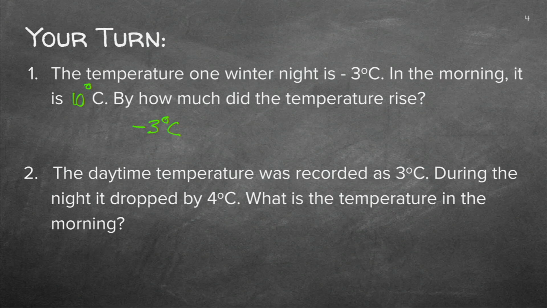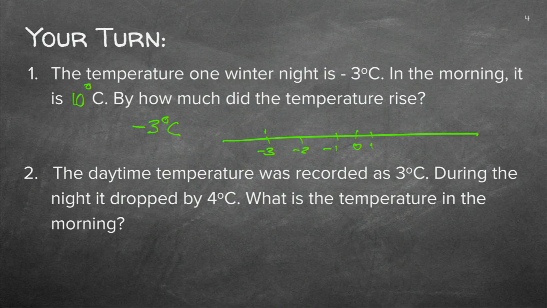By how much did the temperature rise? So it was minus 3. Now remember your timeline if you're not sure. So it was -1, -2, -3 in the night. And in the morning, it is 10 degrees.